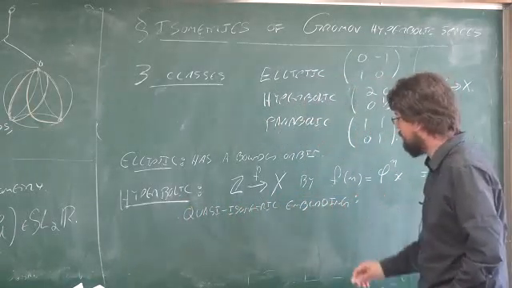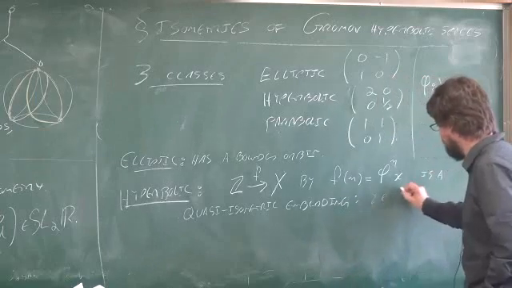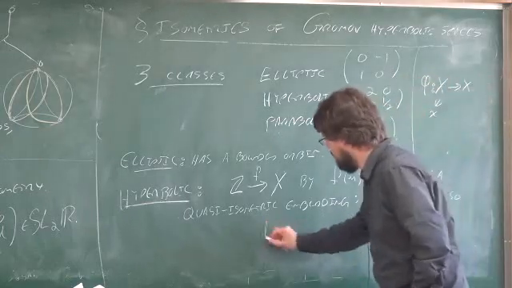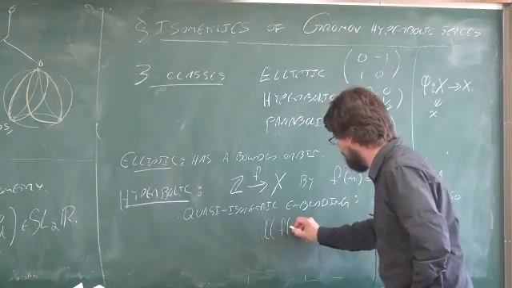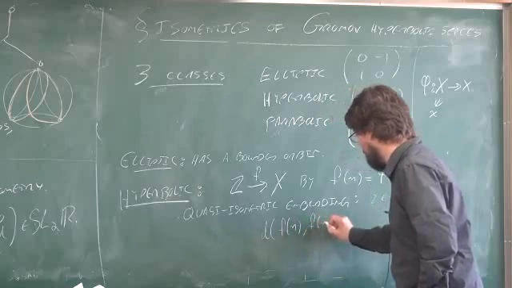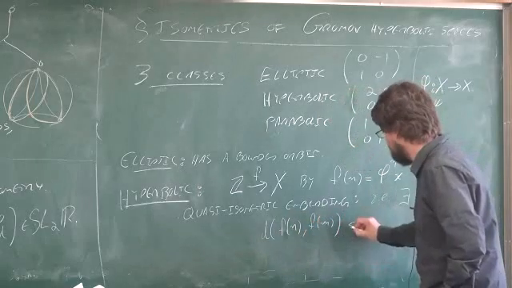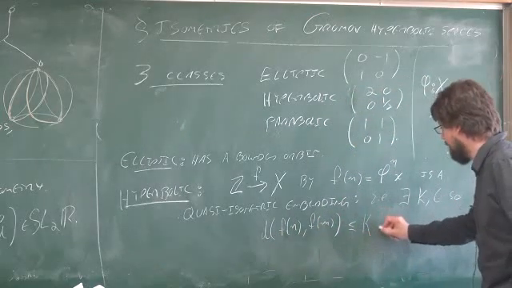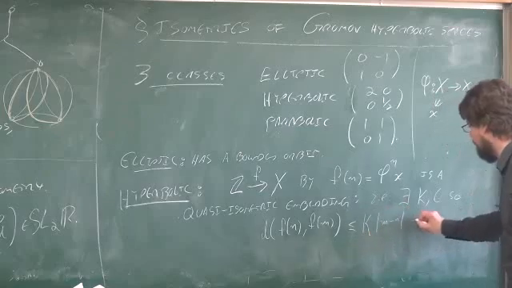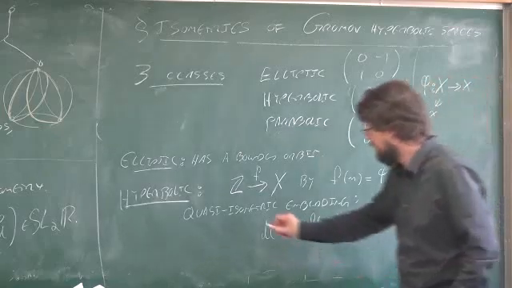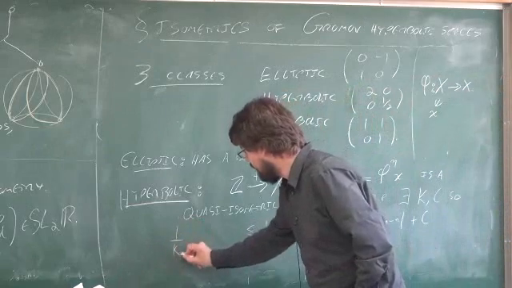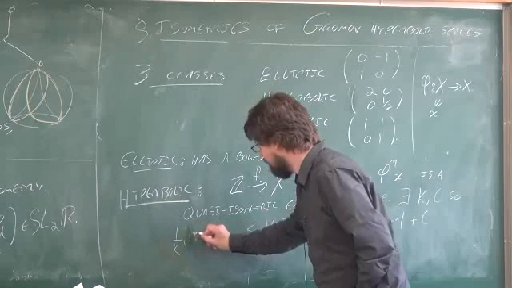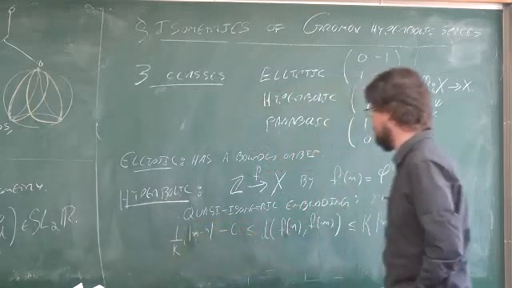Let me write down what that means: there exist constants k and c so that the distance in X between f of n and f of m is Lipschitz in the large, at most some constant k times the difference between m and n plus a constant c, and at least 1 over k times the distance between m and n, minus a constant c.